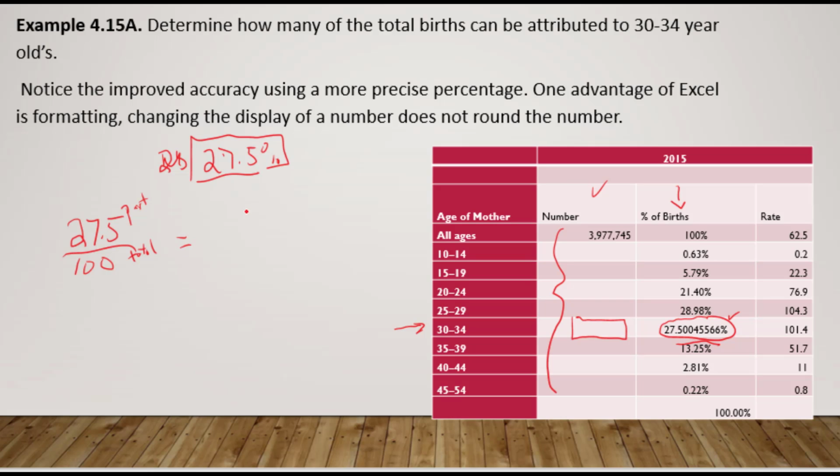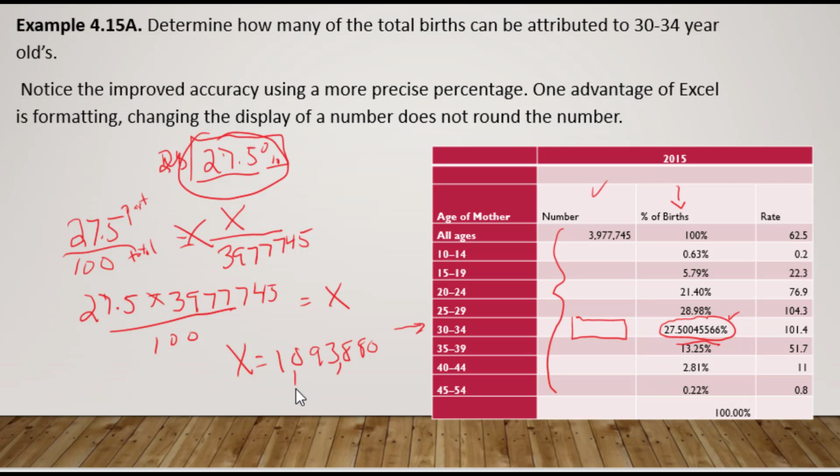So that's part of the total. I'm trying to find out how many actual births there are in the red box there, and I know the total number of births. So I'm going to cross multiply and divide and see if you can come up with the same number that I do, which is going to be a rounded number because I'm using a rounded 27.5.